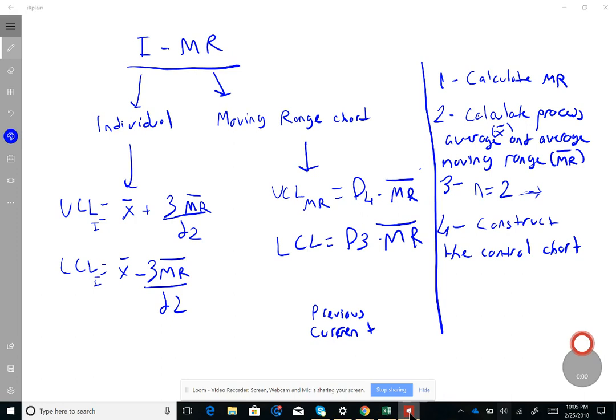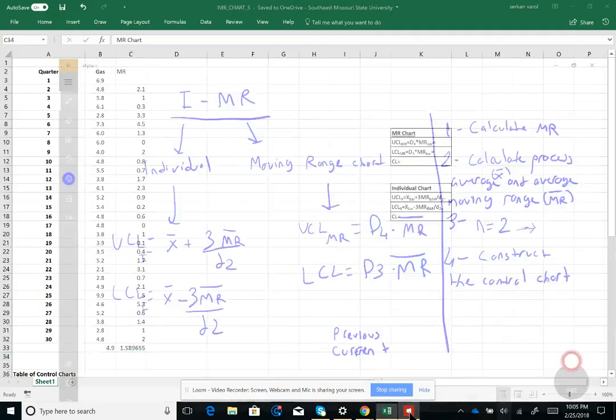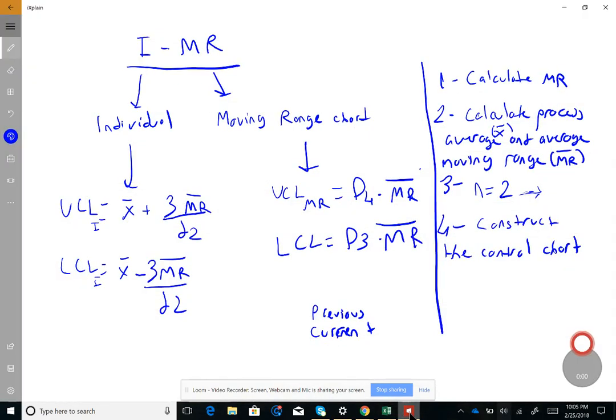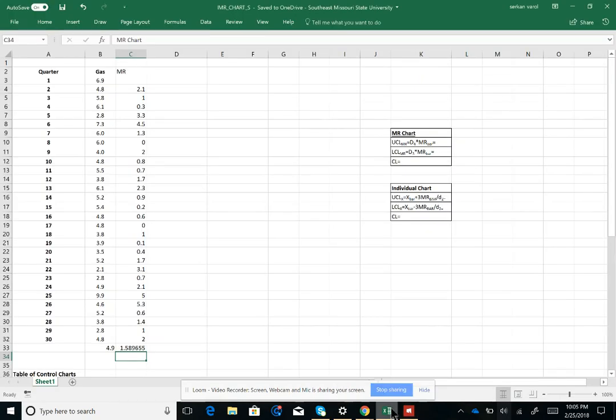So what is next? Well, I didn't put it here. Maybe we can put it as step 3. We want to calculate the upper control limit, lower control limit, and central limit, right? Let's insert those under step 3. All right, let's calculate the values for the MR chart first.